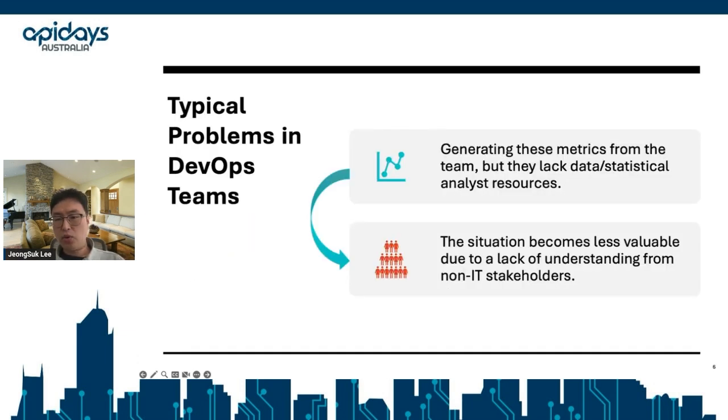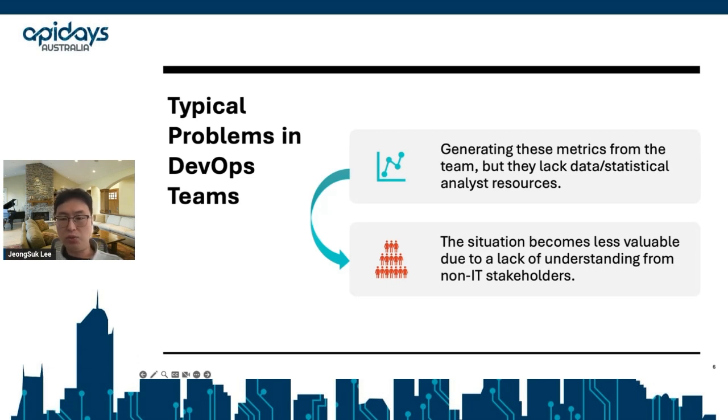To handle DORA metrics, there are two typical problems. The first thing is generating those metrics from the team, but they have a lack of data or statistical analysis resources. Once we show a trend for metrics, even just displaying numbers with some kinds of descriptive statistics, usually stakeholders don't know how to interpret it.